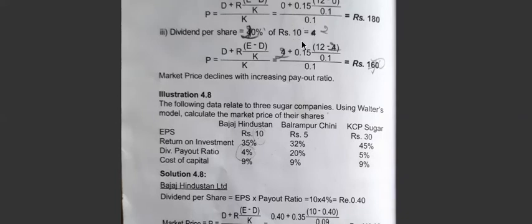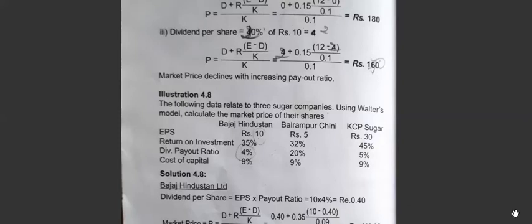Why it is 10? Why it is not on EPS? Because it is payout, it is not a ratio. So it is 10 into 20%, you will get 2. So here the dividend is 2 rupees. Then 12 minus 2 divided by 0.1, you will get the answer. Okay.